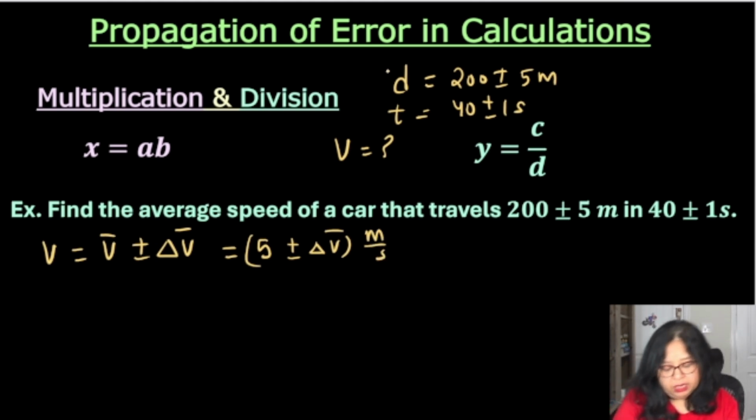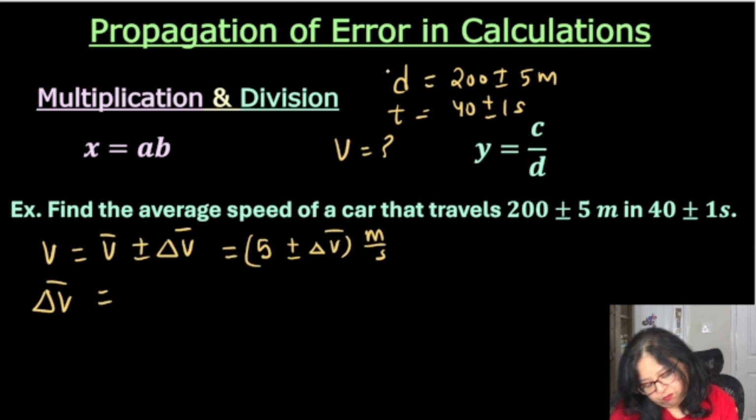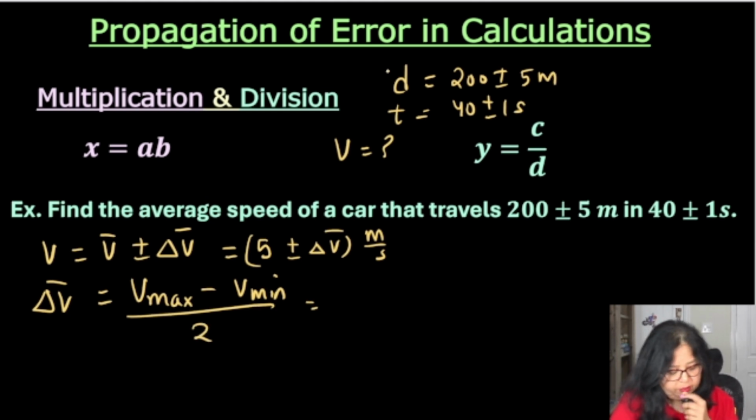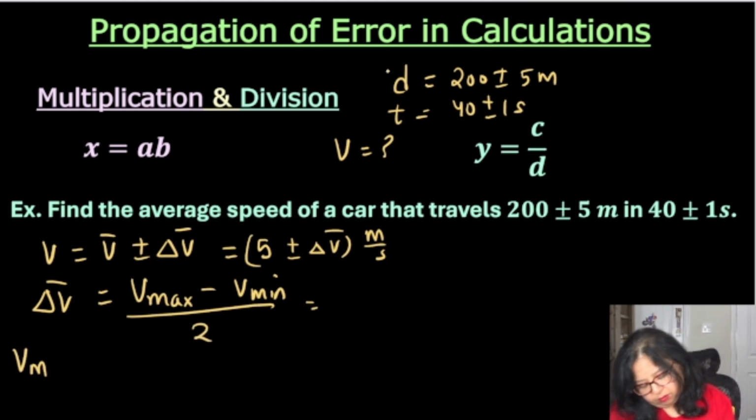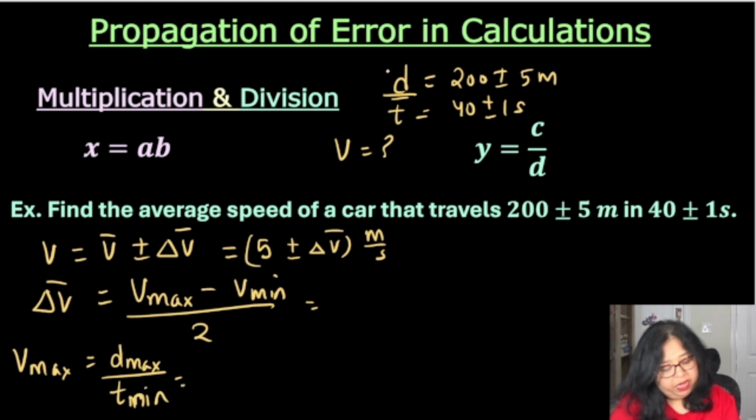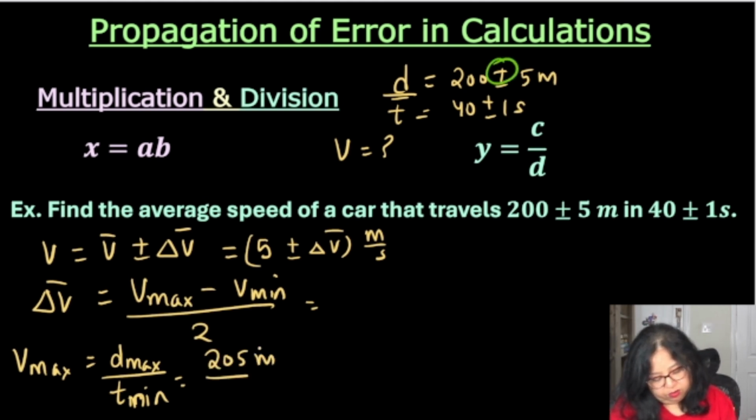So to find delta V bar, again find V max minus V min divided by 2. Okay, V max: when the distance traveled D is maximum while T is minimum. D is maximum when we use this plus sign over here, so that will be 205 meters.